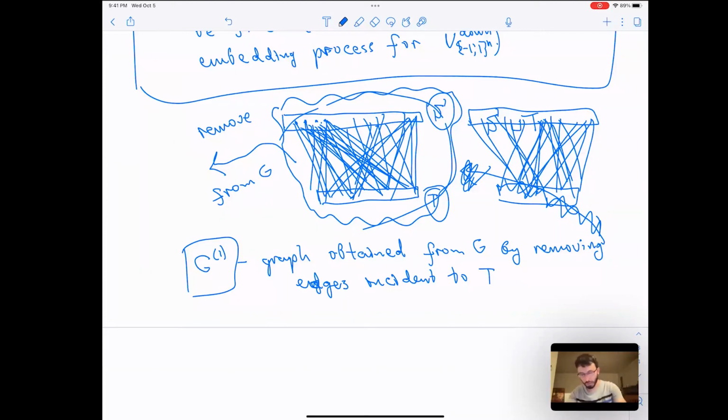If I remove edges incident to the subset T, then I make these vertices isolated in G1 and they are useless, so I can also remove them. They don't matter anymore. But I do not remove vertices from the set S. And this is important because the set S in the proof actually has size roughly of order 1/4 of the size of the upper half of the graph G. So if I removed this number of vertices, I would be able to make only 4 steps at most in this process. But in fact, I make exponentially many steps.